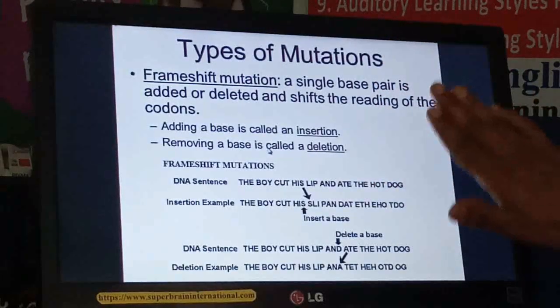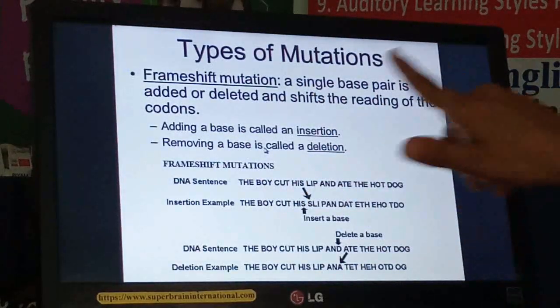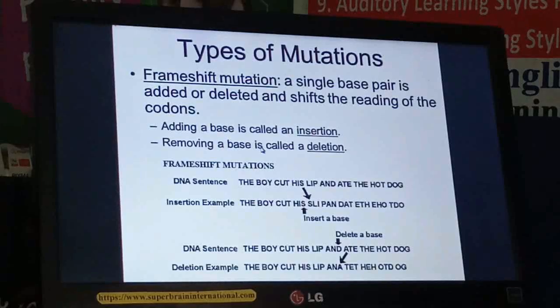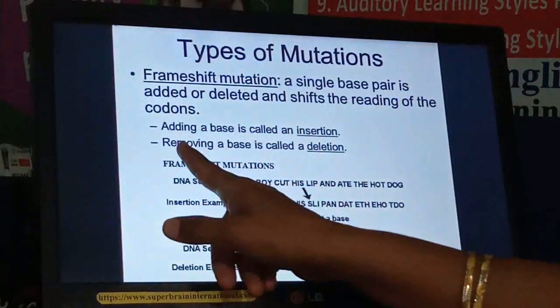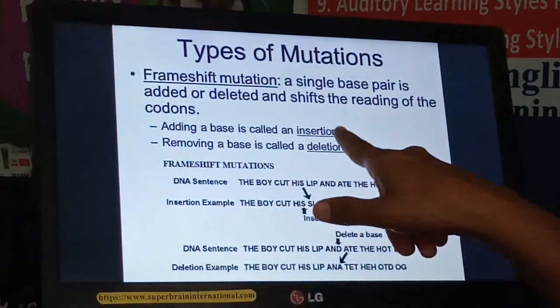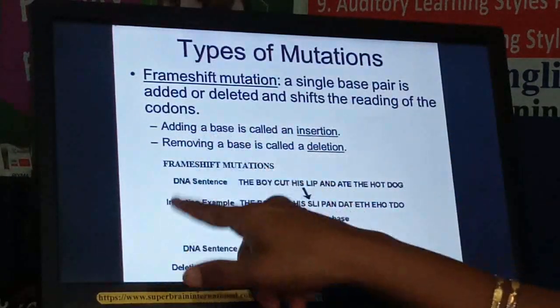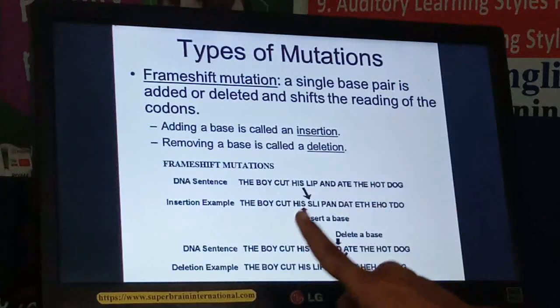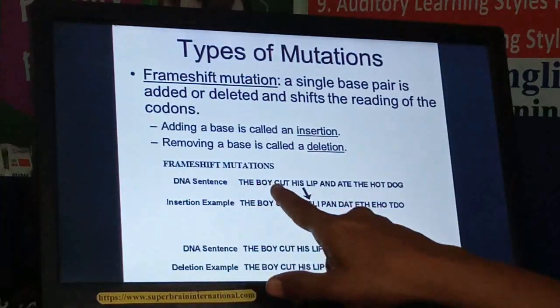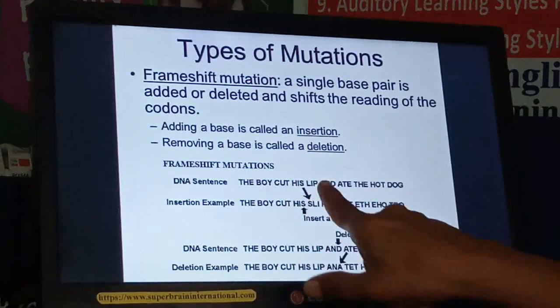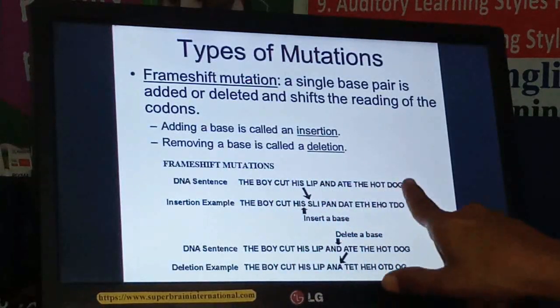Take this another example of frame shift mutation. A single base pair is added or deleted, and then it will shift the reading. Whenever a base is added, it is called an insertion, and whenever a base is removed, it is called a deletion. See, this is a DNA sentence: the boy cut his lip and ate the hot dog.